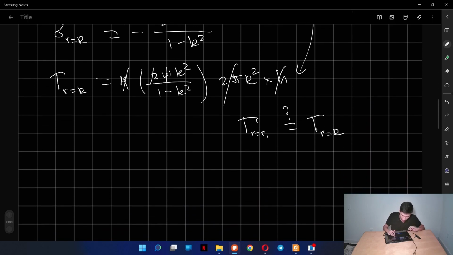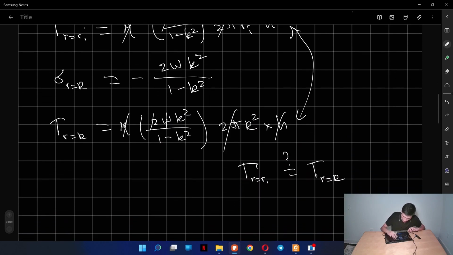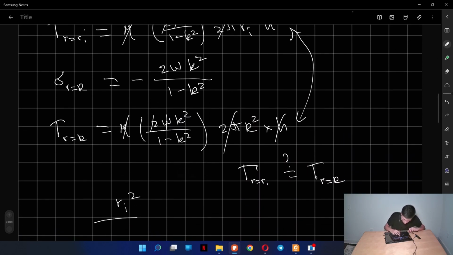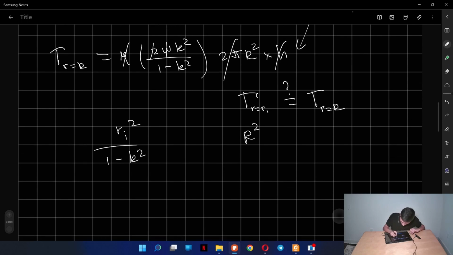What we are left with is, for the inner one, inner radius squared over 1 minus k squared, and for the outer radius, outer radius squared times k squared over 1 minus k squared. We have the same denominator, so they cancel.